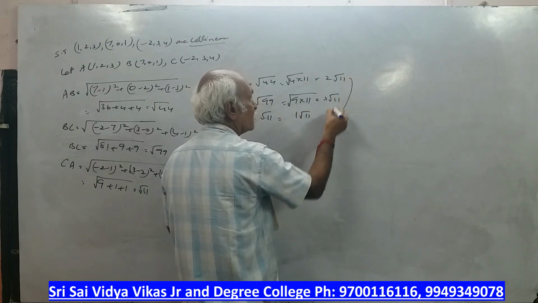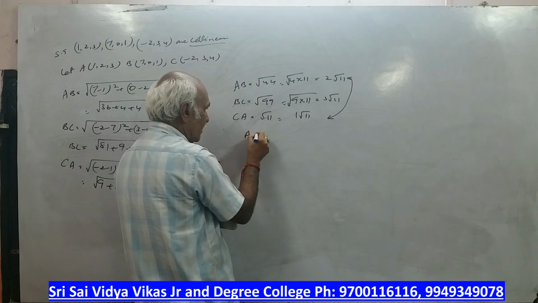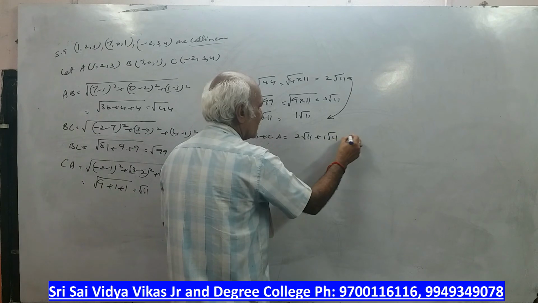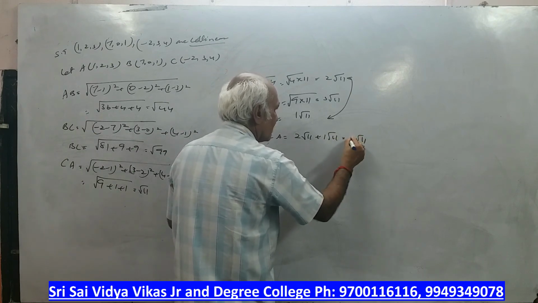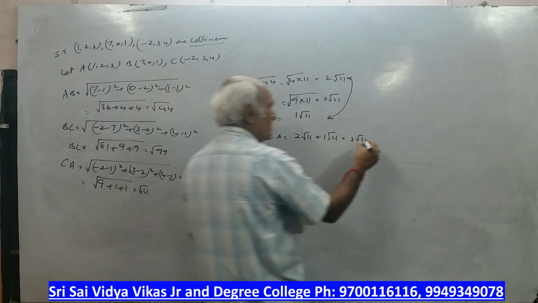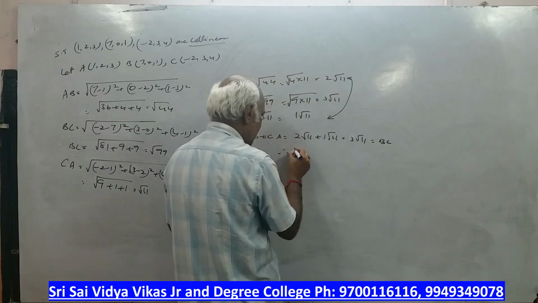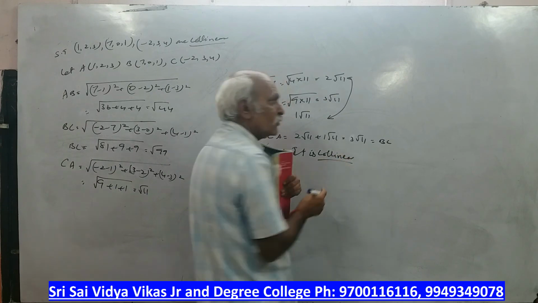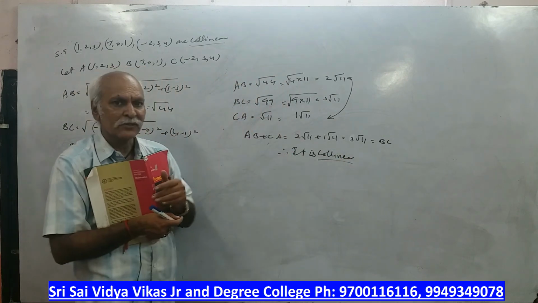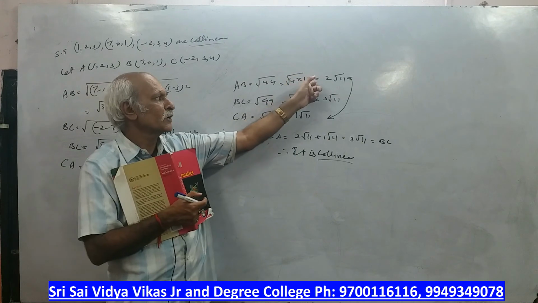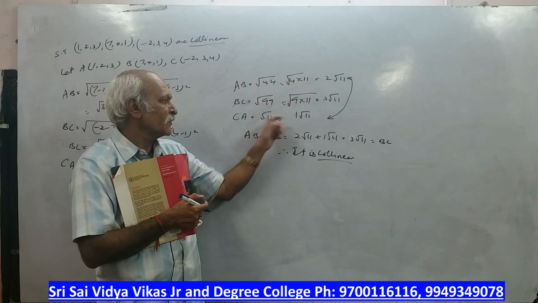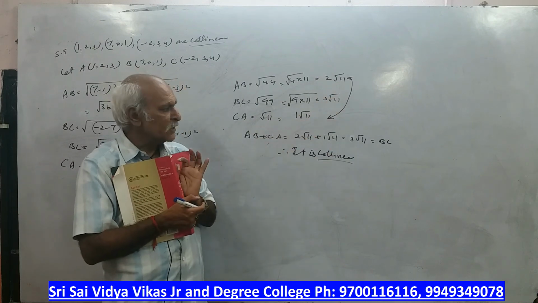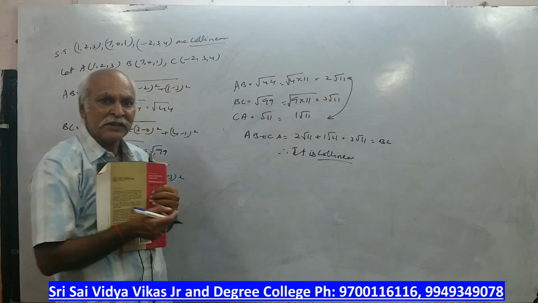Now if I add these two, AB plus CA is 2 root 11 plus 1 root 11, equal to 3 root 11, which is BC. Therefore, it is collinear. We are using the distance formula and proving this.